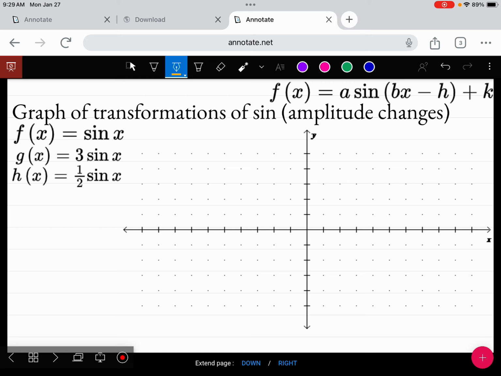This is what the transformation form with our A, H, K, and B will look like. H has that same job, our horizontal shift. K has that same job, our vertical shift. A works just like A did on our polynomials and rationals, but this time it's our amplitude, so it just has an actual name now.